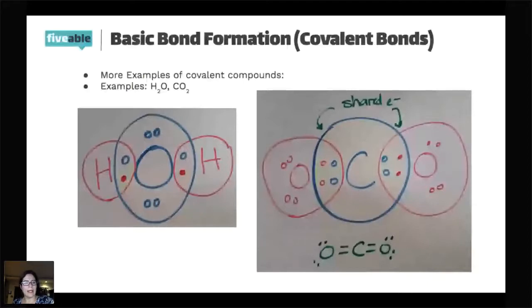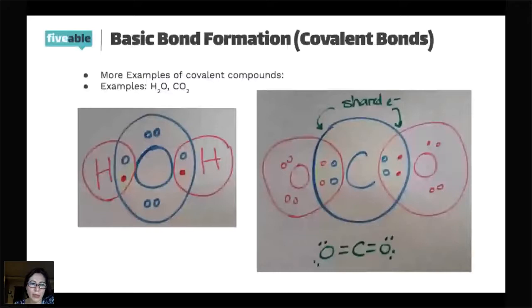Okay, something that I want to mention here, another part of another review, is that the formula of covalent compounds, like a carbon dioxide molecule, is actually 1 atom of carbon with 2 atoms of oxygen, versus the ionic, in which it was the ratio. Remember the ratio of the crystal lattice? So that's a very important difference between covalent and ionic bonds.